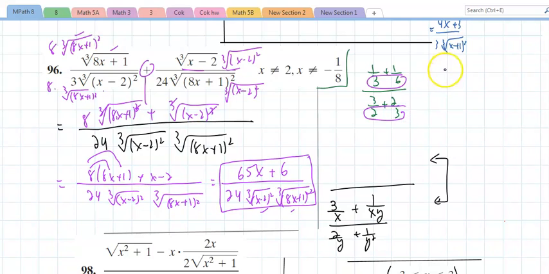And I'll show you why. The LCD is a 6 for the top and the bottom combined. This is missing a 2. This is missing a 3. And this is missing a 2.